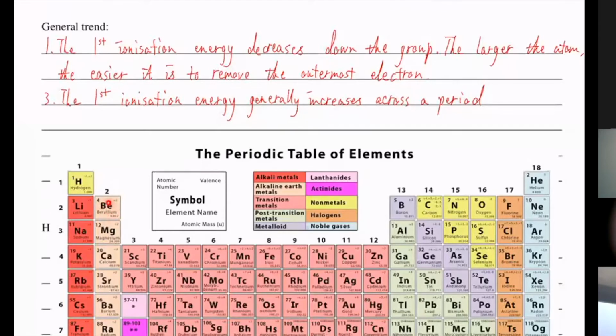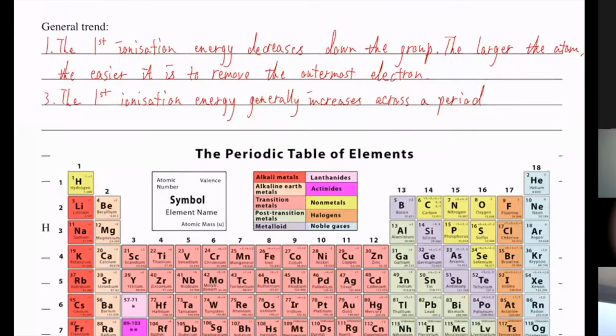So the outermost shell electron is going to experience stronger attraction towards the nucleus. Okay, so that's why if we want to remove an electron from beryllium, we're going to provide more energy to do that. Okay, so let's write this down.